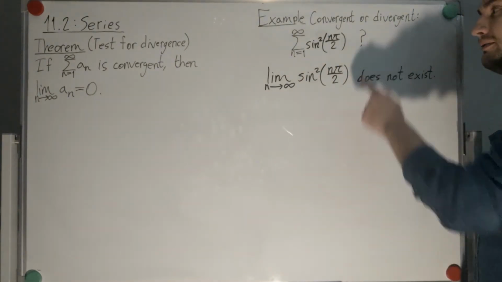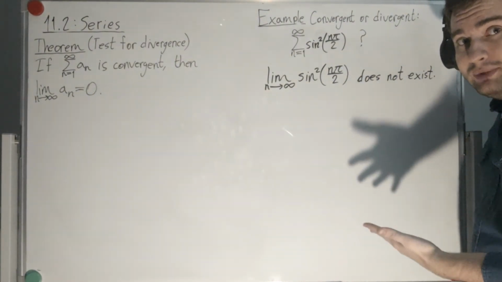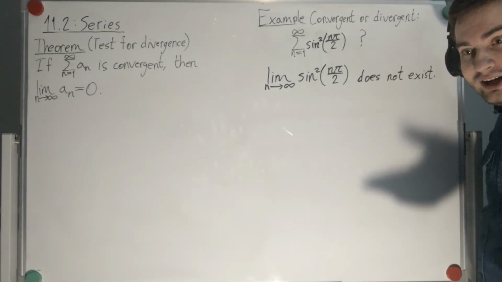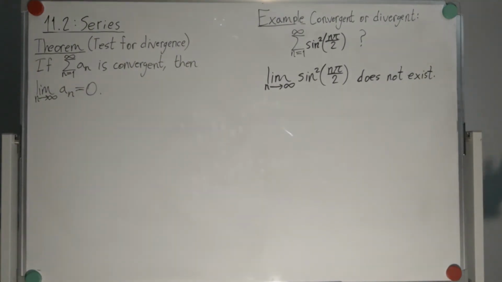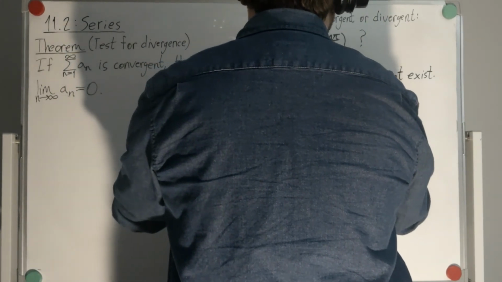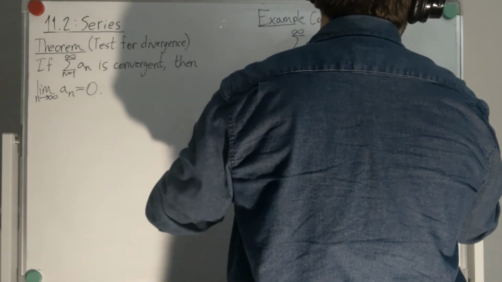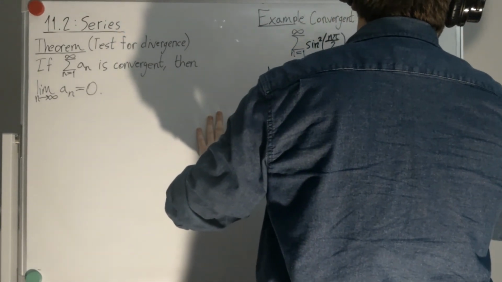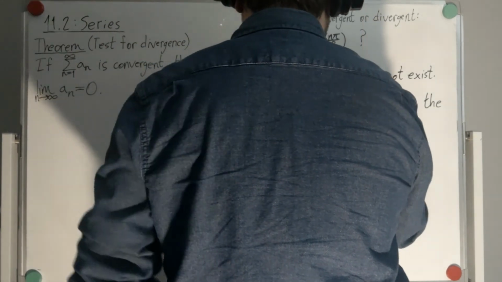And once again, the test for divergence says, if you want to be convergent, you've got to have a limit of your terms being 0. And that is not 0. Okay? So, by the test for divergence, the series is divergent.